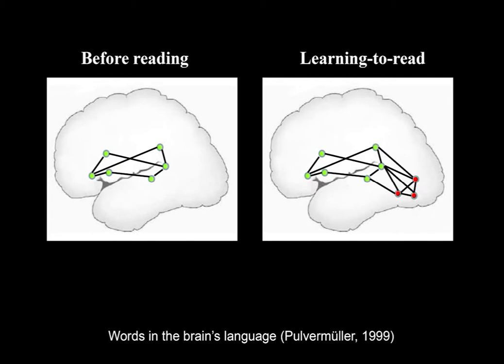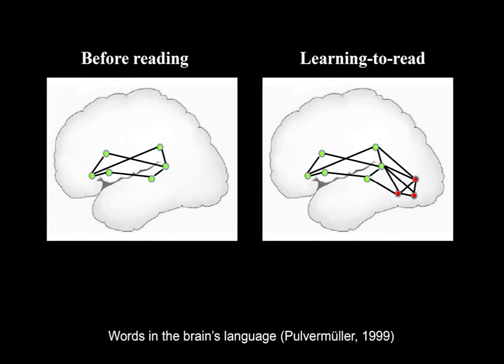At this very superficial level, it shows you the three main input factors that have already been talked about by Hugh Cates. It is spoken language, which is represented over here. It is the novel visual orthographic interface that has to be learned, which is not predetermined, for which we do not have any predetermined genetic capacity.